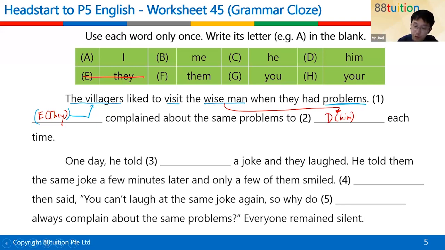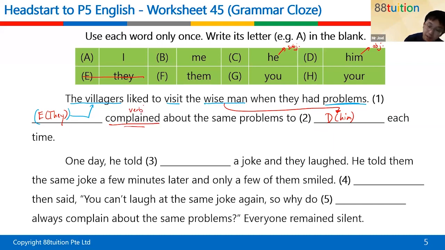And Jing Yang, you got yours wrong. The "him" over here refers to the wise man because this would be in the object form. The word "he" would be the subject of the sentence; "him" would be the object of the sentence. Here we're giving it to him. He's the one receiving the complaints over here.